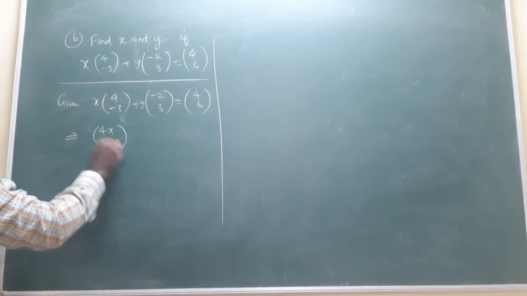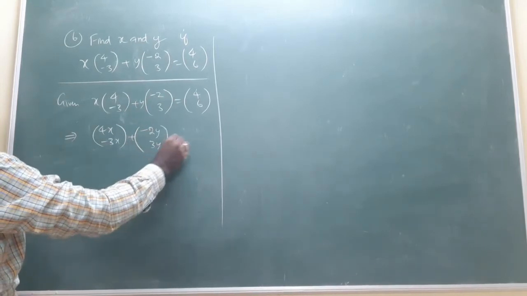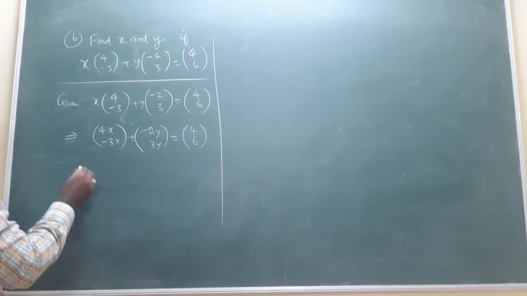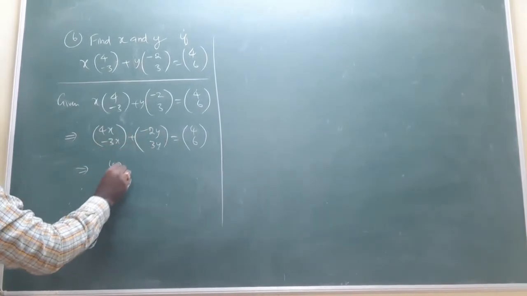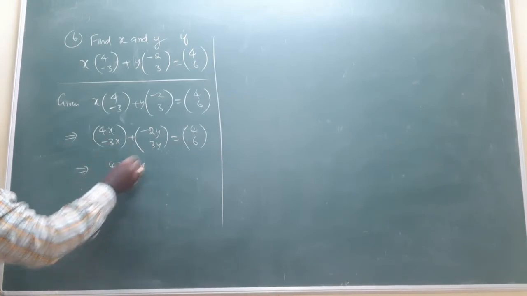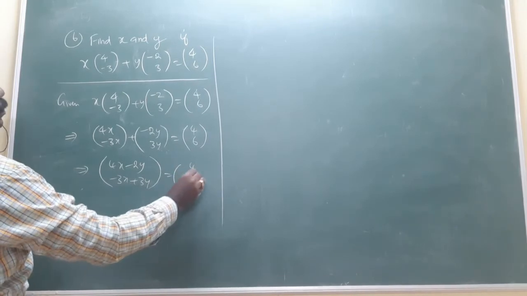Next, minus 2y, 3y, equal to [4, 6]. Again, adding, we get 4x minus 2y, minus 3x plus 3y, equal to [4, 6].